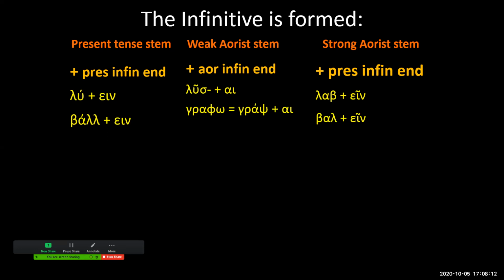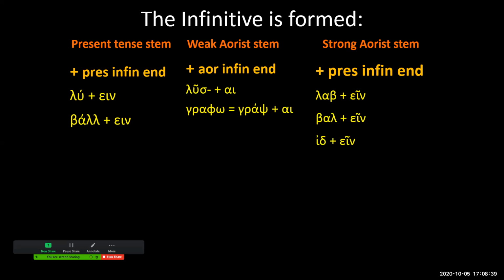It is a strong aorist, and what happens is one lambda drops off. So you have to watch out. If you have two L's, two lambdas, then you have a present stem, ballo. If you have only one, then you have an aorist stem, balo, and the translation is to throw, just like the present tense. It'll make sense in just a minute.